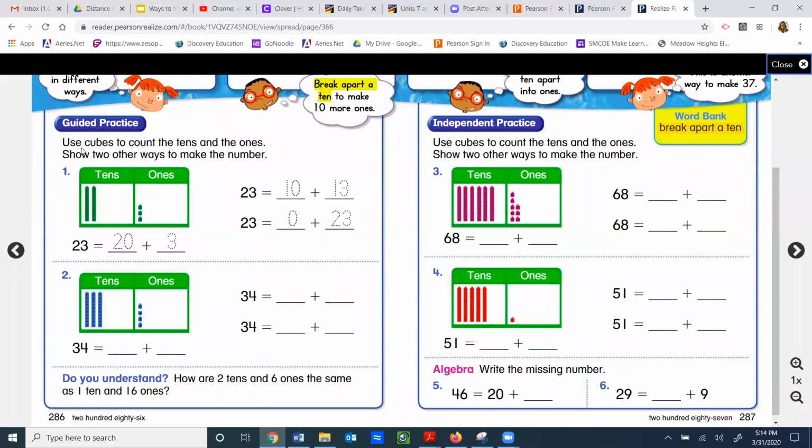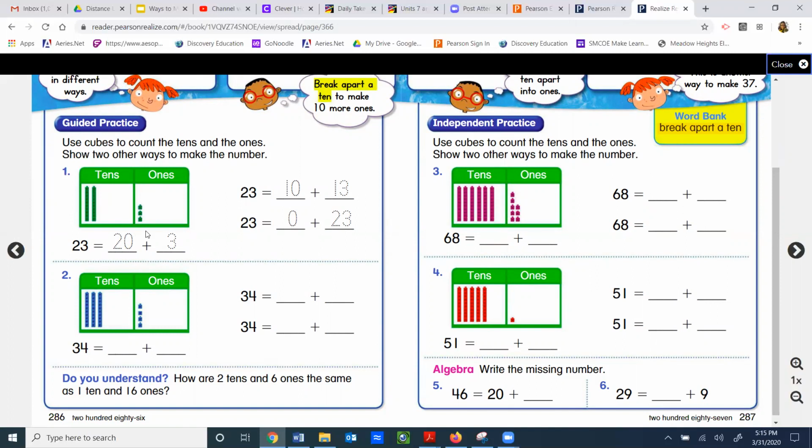For numbers 1 and 2, it says use cubes to count the tens and the ones. Show 2 other ways to make the number. So we have a place value chart that's got the tens and the ones. They are representing using the connecting cubes. We see 2 10 trains here and we see 3 ones. This was the problem that I did the example with for you.